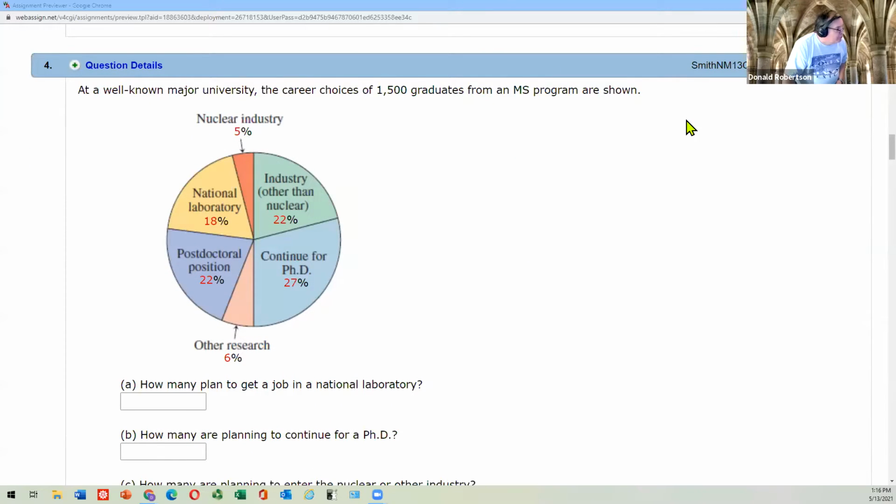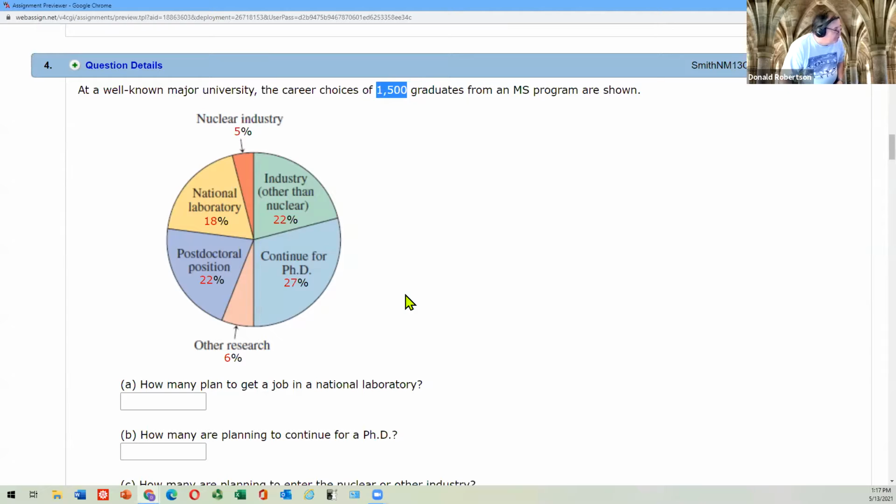Here is a well-known university, and they looked at their graduates and what they were going to do. These are sometimes called pie charts, I guess because they look like a pie and you're cutting pieces out of it. In this particular question, there are 1,500 graduates.